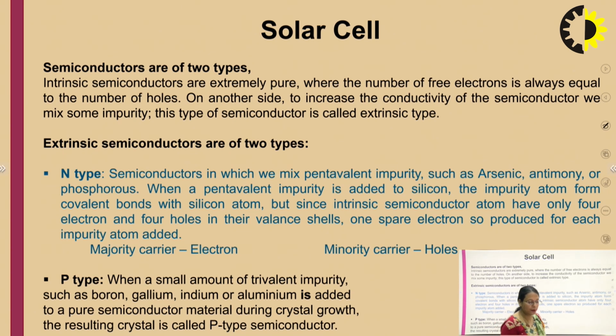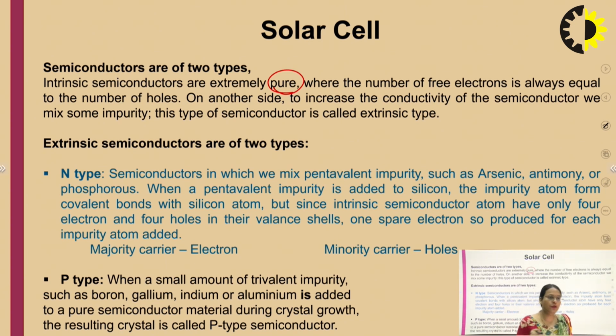Now talking about the semiconductor, there are basically two types of semiconductors: intrinsic semiconductors and extrinsic semiconductors, right. Intrinsic semiconductors are those which are extremely pure, where the number of free electrons is always equal to the number of holes.